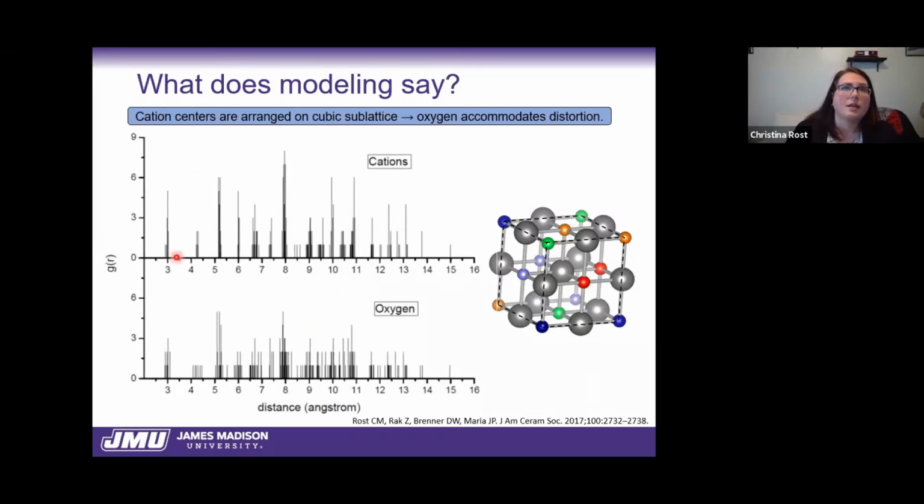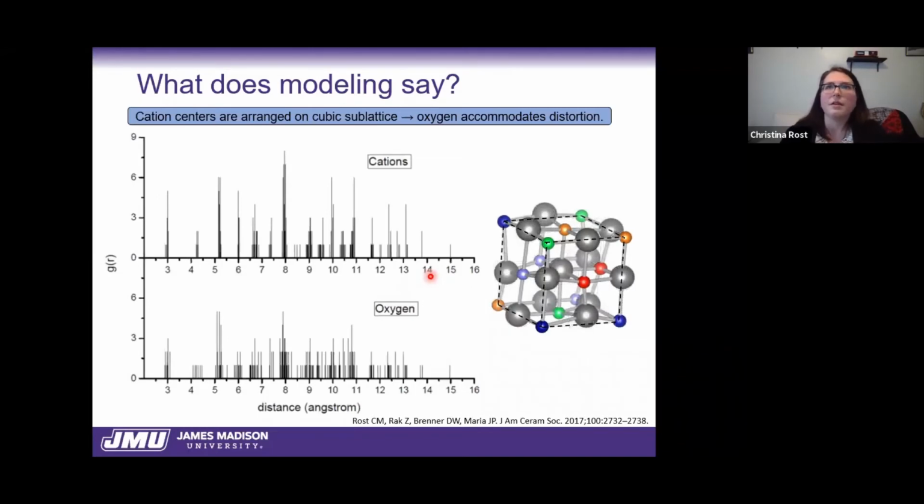If we look at the cation sublattice, we can see that the peaks are reasonably sharp and they exist in locations that one would expect them to be based on the lattice parameters of our unit cell system. But then let's look at oxygen. Oxygen is much broader, which means there's a larger distribution of positional distortion in the oxygen sublattice, which helps confirm our hypothesis.